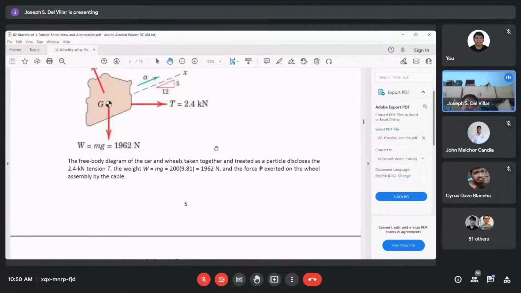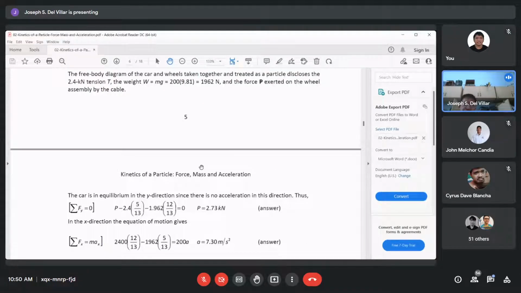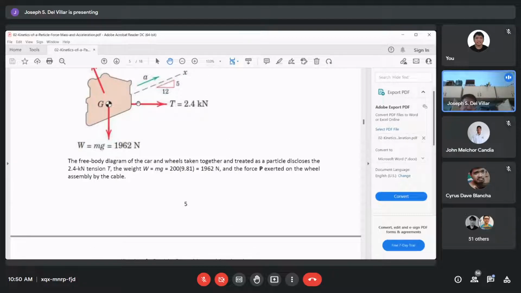Which is 5/13. Okay? And then this one is 12/13. This is its y component. Okay? So you have a right triangle here. And this is 12/13. Okay? One equation, one unknown.